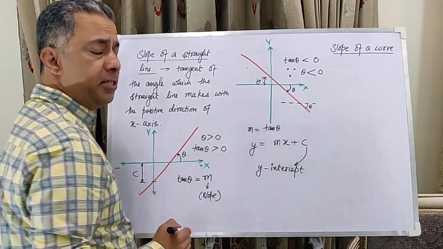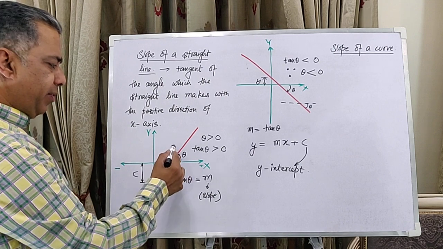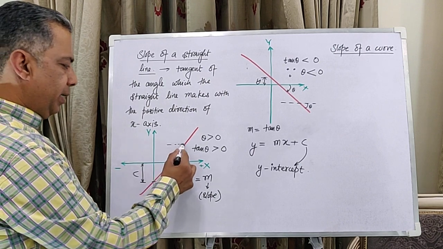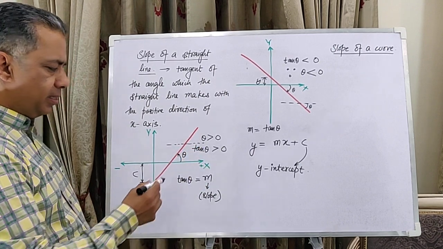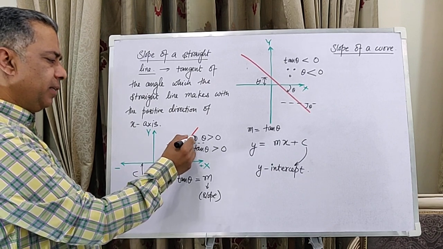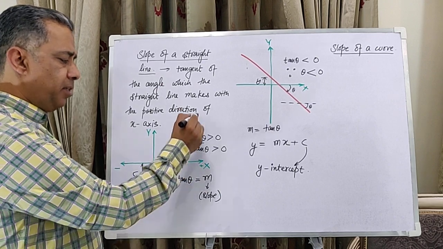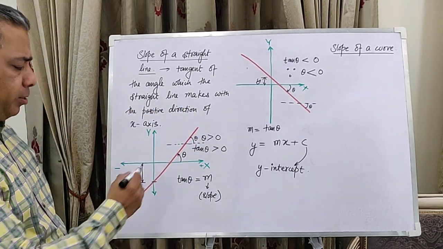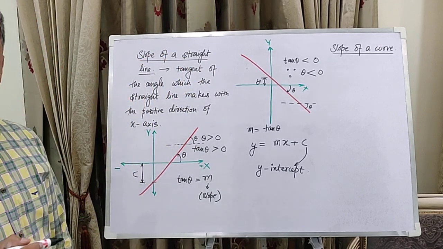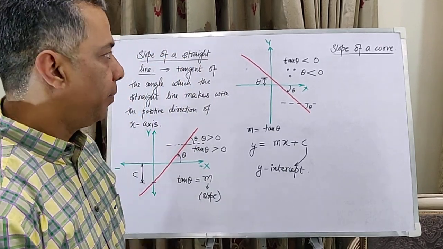That angle does not change anywhere at all. So for example over here as well, the angle theta which the straight line makes with the positive x direction doesn't change anywhere. So a straight line has a constant slope, but with curves that's not going to be the case.